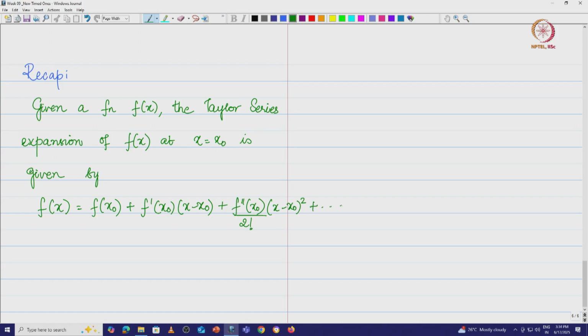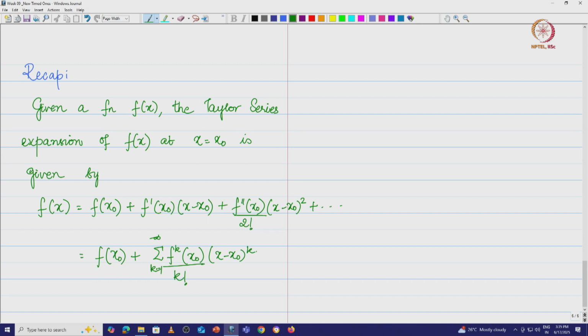In a compact form, you can write this as f of x naught plus the sum, where I will use f k to denote the kth derivative at x naught, divided by factorial k, from k is equal to 1 to infinity, times x minus x naught power k.